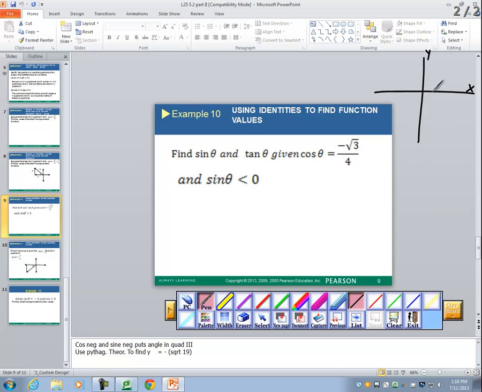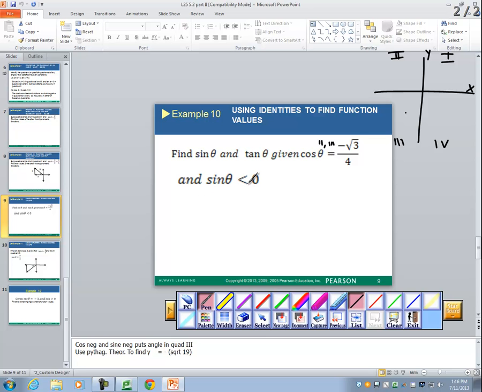We have quadrant 1, 2, 3, and 4. So what quadrants is cosine, same as x, negative? Two and 3. Good. So we've got quadrants 2 and 3 for cosine is negative.